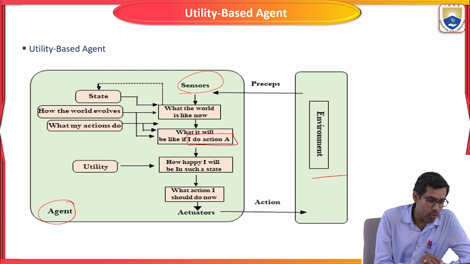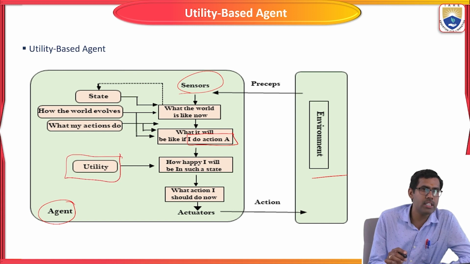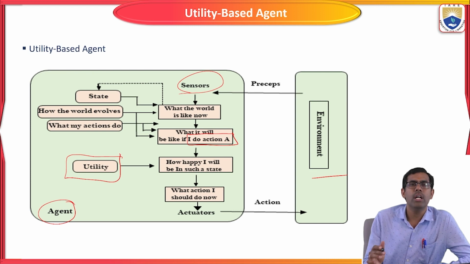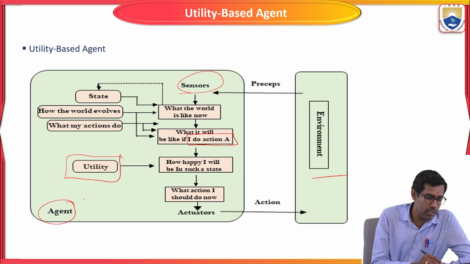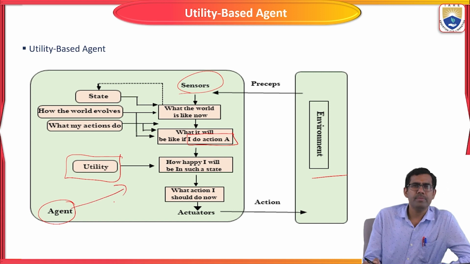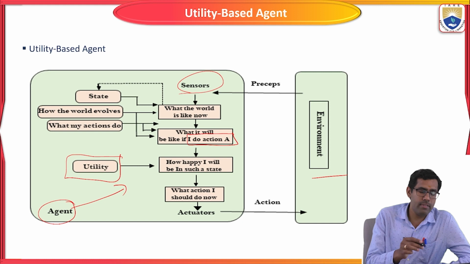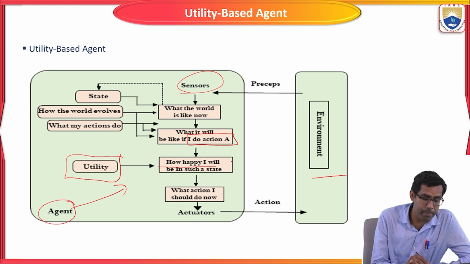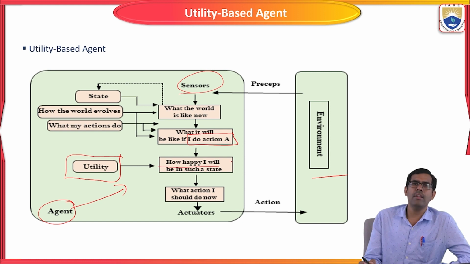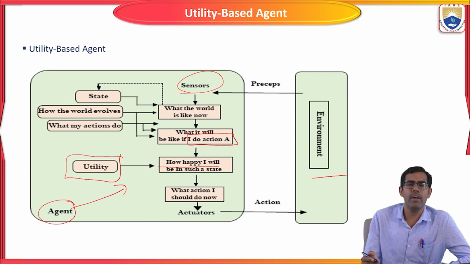In the utility part, we are going to give some extra components. Based on those extra components, the agent is going to select the one best way.